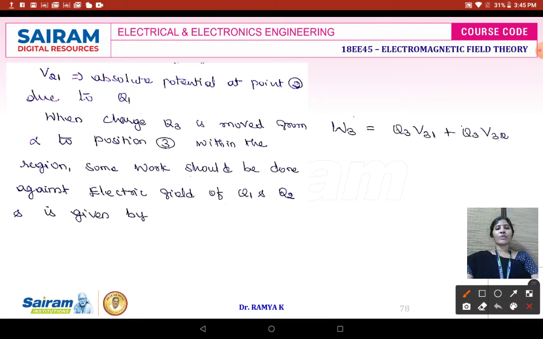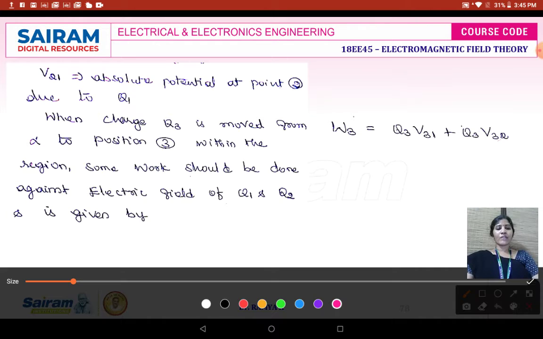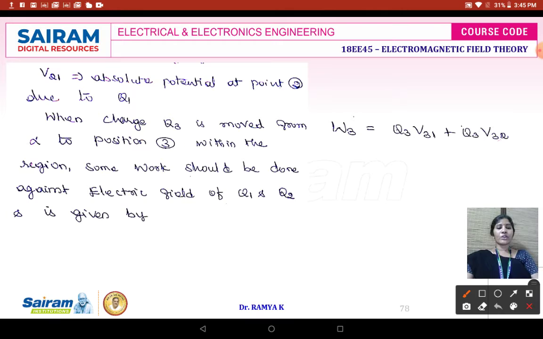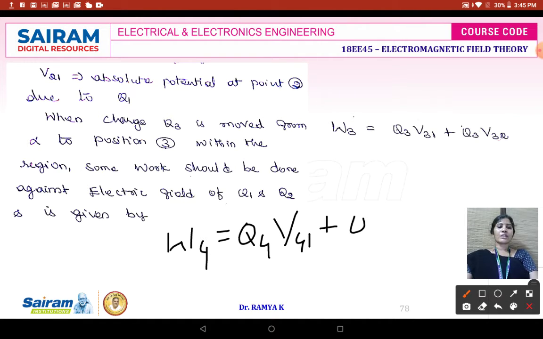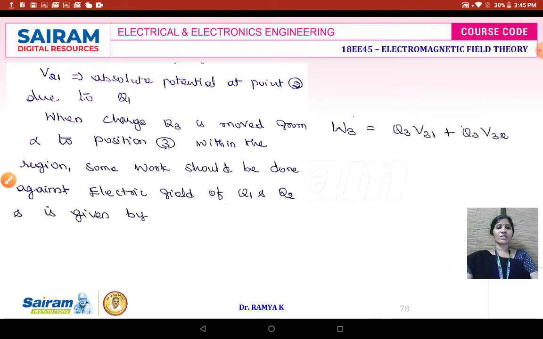Again, if we move Q4 inside the universe, we get one more work done, W4. Q4 has to overcome all the potentials that have been developed: Q4 V41 plus Q4 V42 plus Q4 V43. Like this it goes on till n number of point charges.